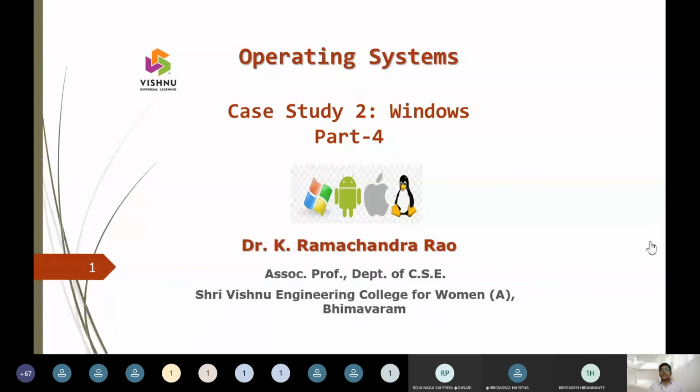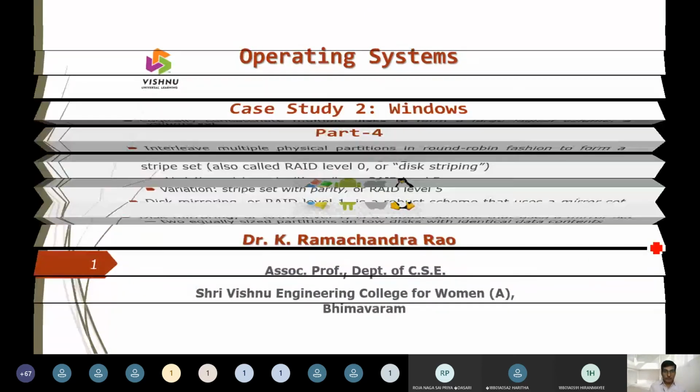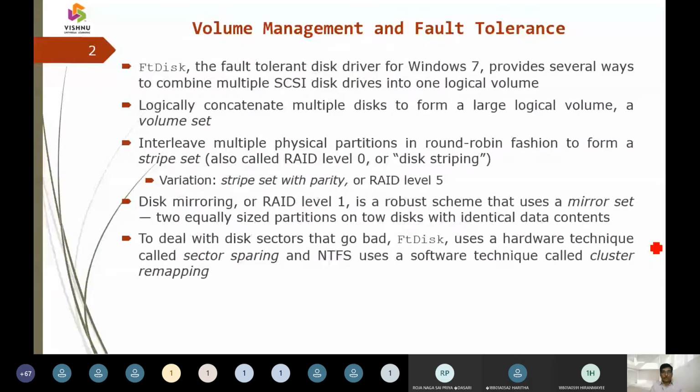So in continuation to this topic, next we have fault tolerance. We will be having single scale, small scale integration, so that is where SCSI we will be taking up. The main agenda was how we can protect the data and how we can store large volumes of data.